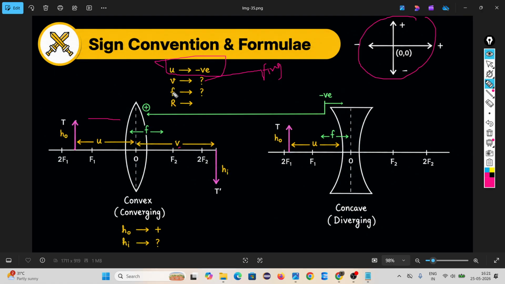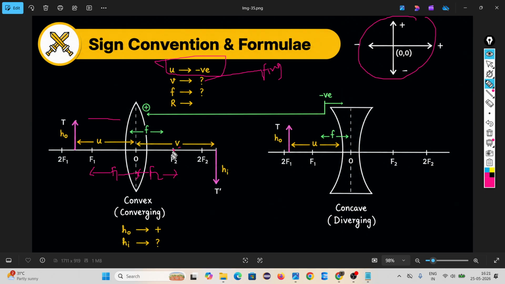Okay, look, focal length. The distance between F1 to O, and the distance between O to F2. Focal length is important in a convex lens. Focal length always considers this side, because we don't require the left hand side.